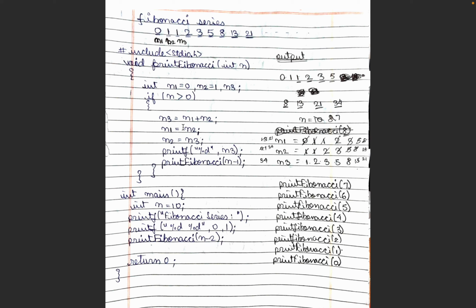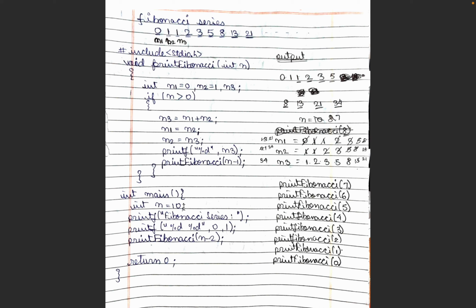Because n is the number of terms, the nth term that you want in your Fibonacci series. If I say n is 5, then I count 0 and 1 as 1, 2, and then 3, 4, 5. So my Fibonacci series calculation will be just from 3 till here.